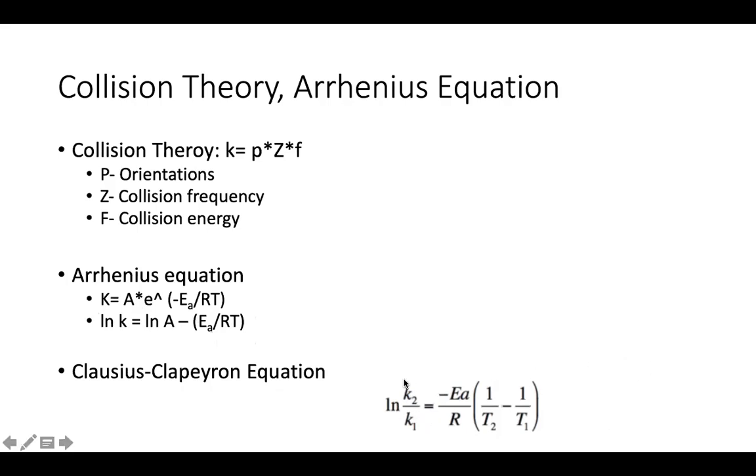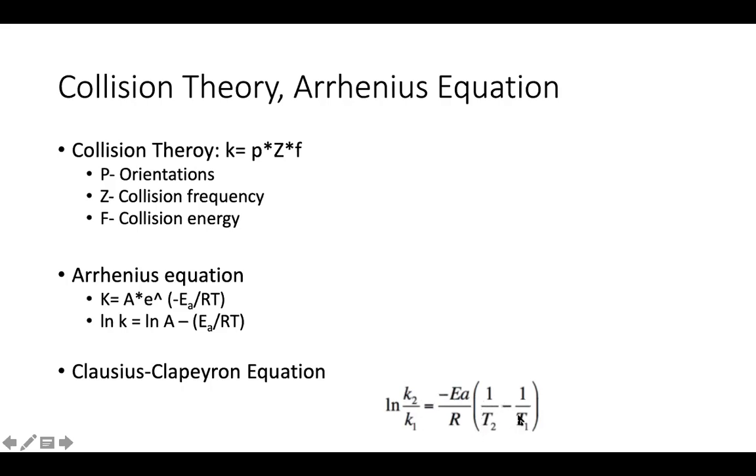And basically, this allows us to see what the different rate constants are at two different temperatures, right? So typically, you'll be given three of those variables, the k's and the temperatures, and asked to solve for the fourth, right?